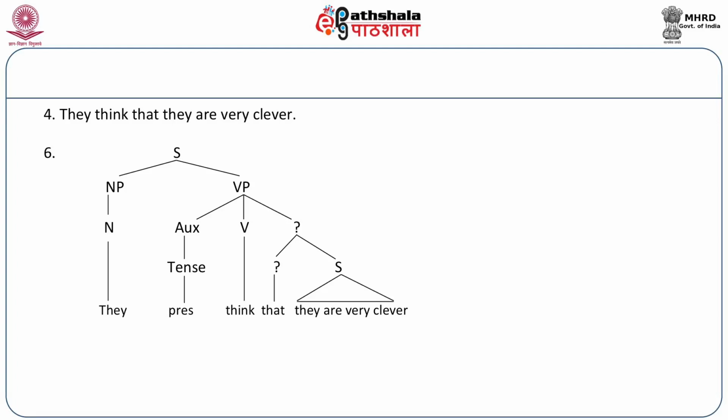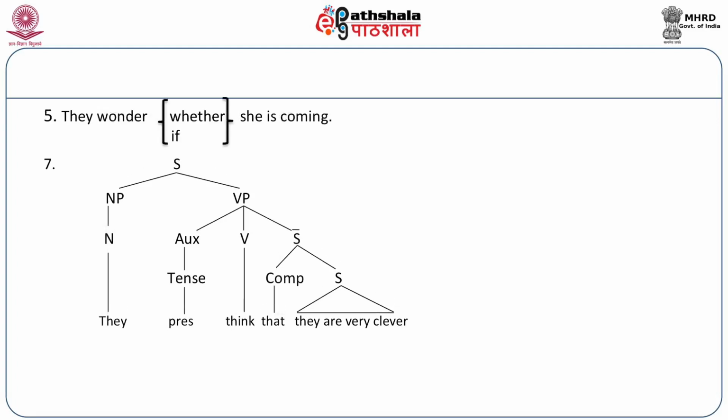What shall be that? Since that is a complementizer, we use the node Comp for that, and we say that a Comp plus an S will be an S bar. So a clause is an S, but if there is a complementizer before the clause, then it will be an S bar.